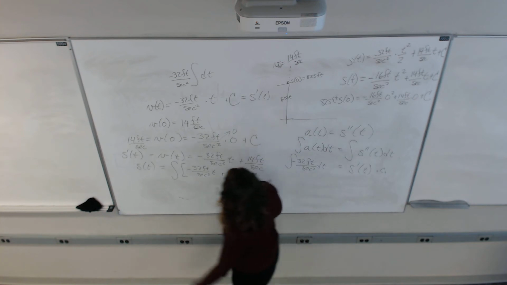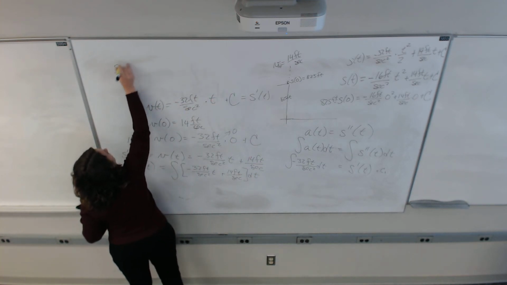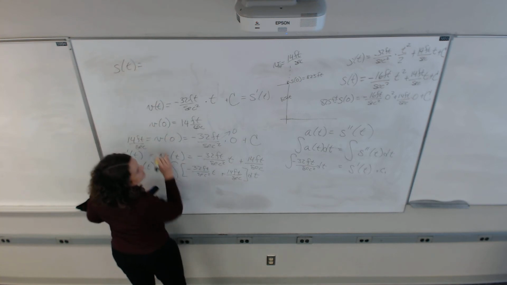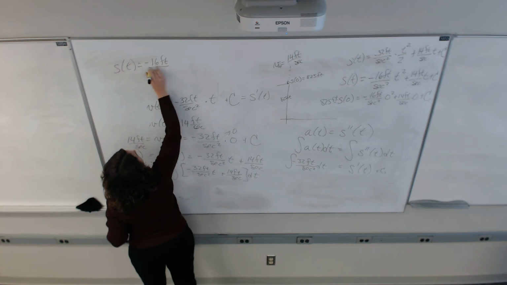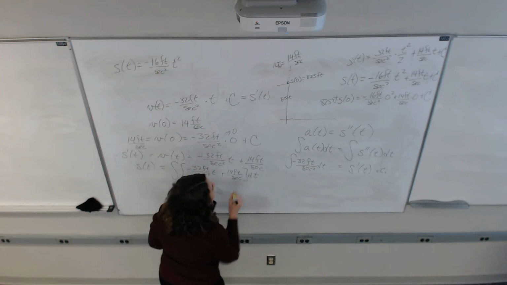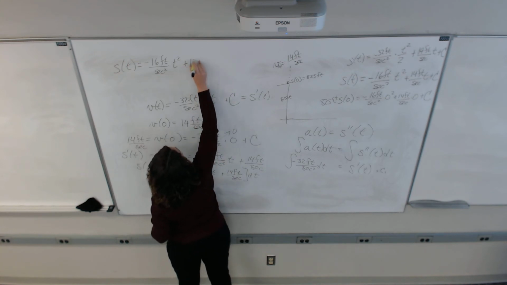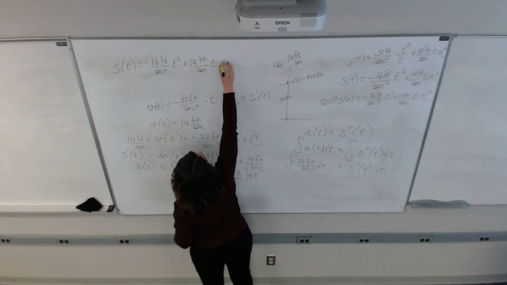So finally, up here, my position function is negative 16 feet per second squared t squared plus 14 feet per second t plus 825 feet.